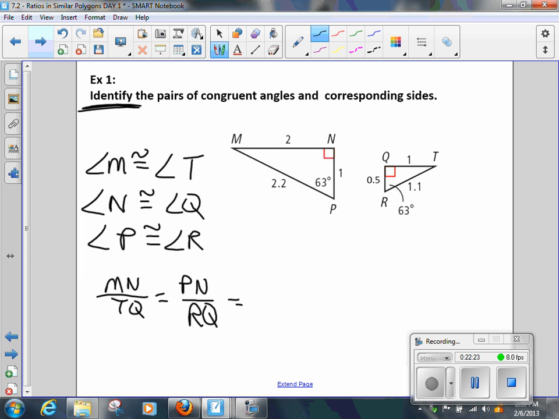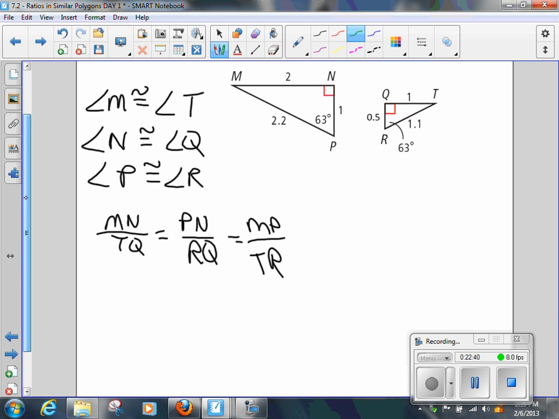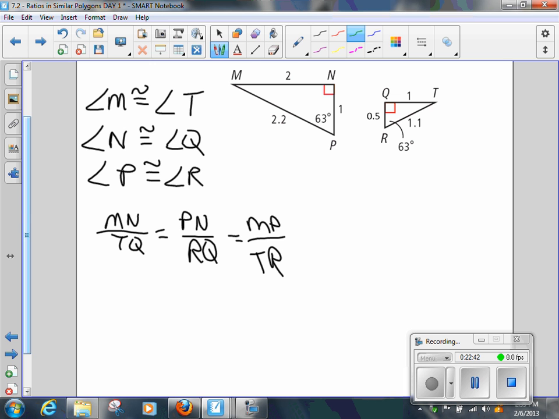MP is proportional to, right, angles are what? Congruent, and sides are proportional, okay? Now, I just want you to notice something here. What's the length of MN? 2. What's the length of TQ? 1. Let's keep going across. What's PN? What's RQ?